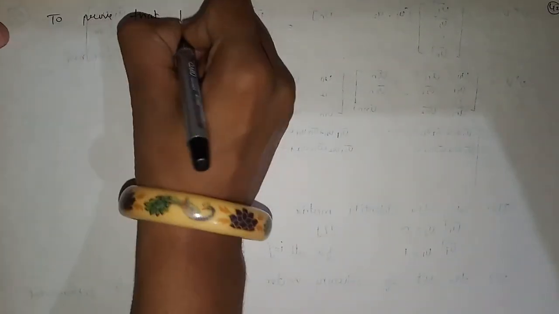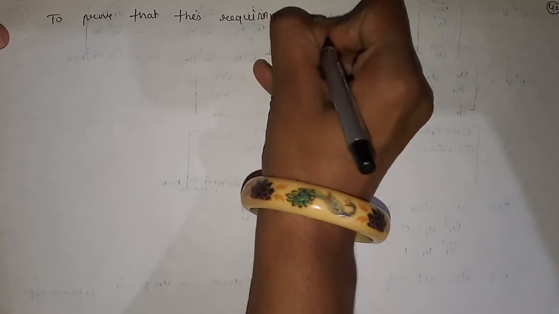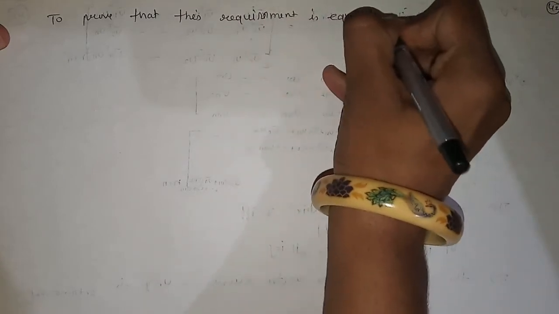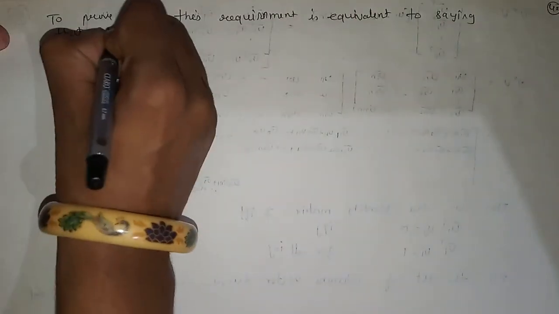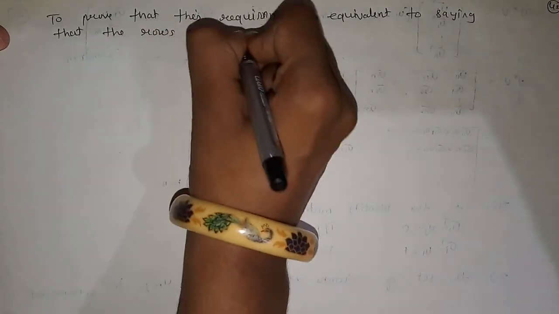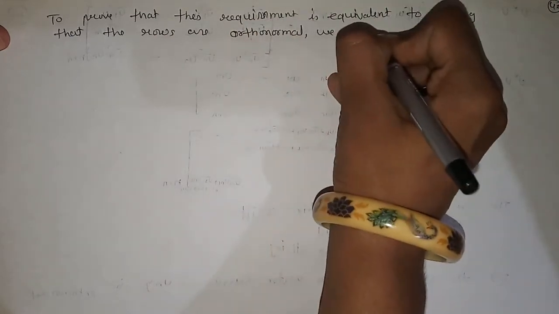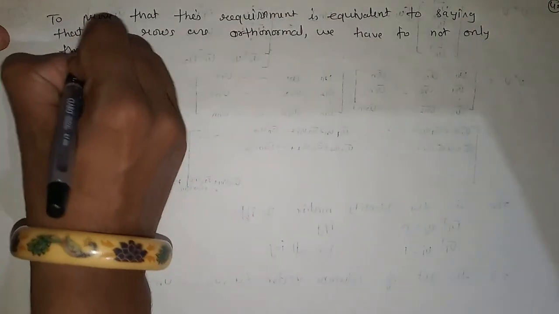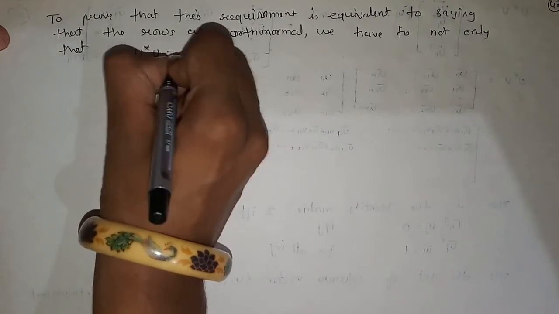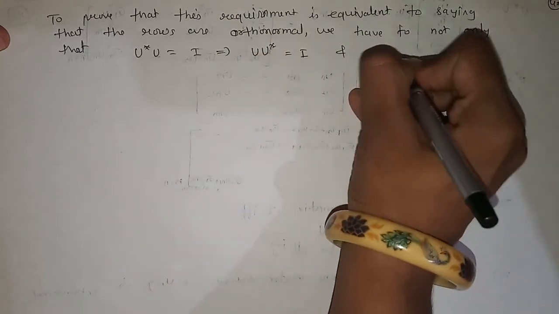Now to prove that this requirement is equivalent to saying that the rows are orthonormal, we have to note only that U star U is equal to I implies U U star is equal to I, and vice versa.